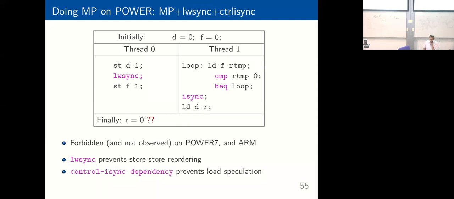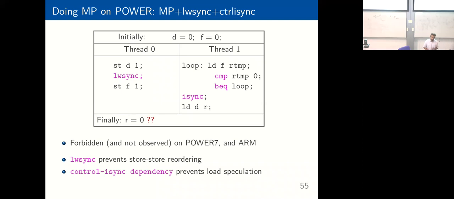Maybe I'll spend a bit more time on it actually. I said before that there are 3 mechanisms that led to the questionable behavior coming up. And you need to make the hardware aware that all 3 of those should be taken away. So what are those 3 things? Well, the 2 stores, we have to stop them from being reordered. We need a store barrier for that. That's what that one is.